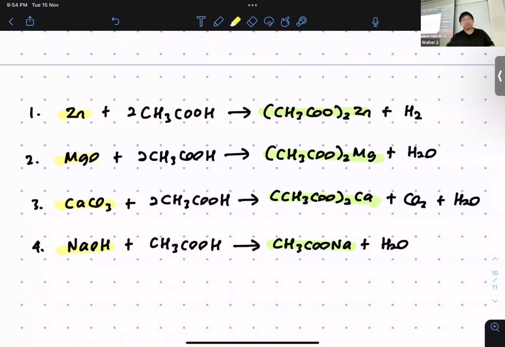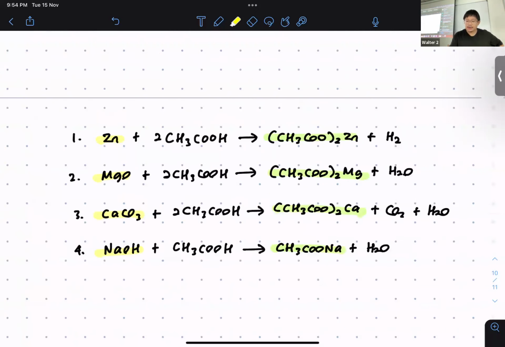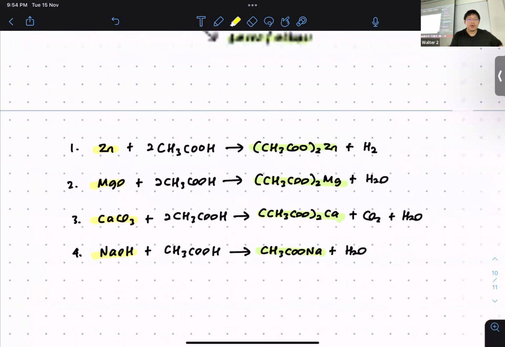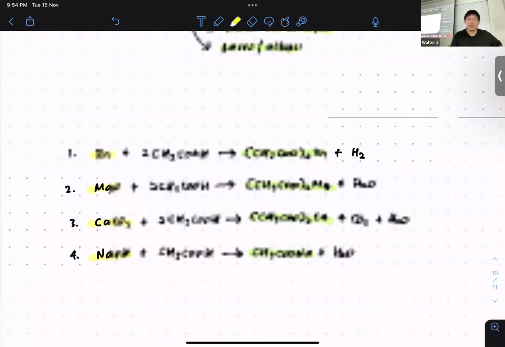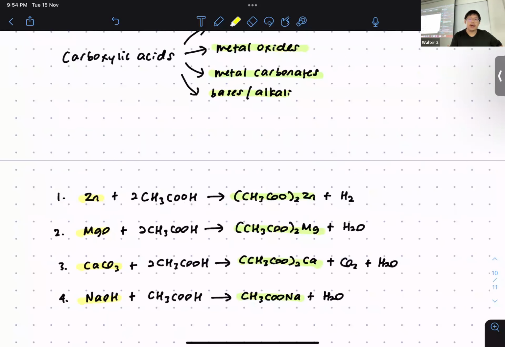Now, of course, you also must remember that besides these 4 chemical equations, 4 different examples, esterification is also considered as one of the chemical properties of carboxylic acids.